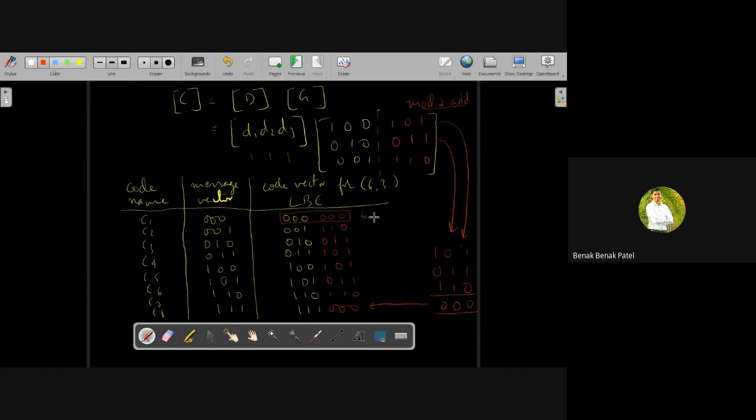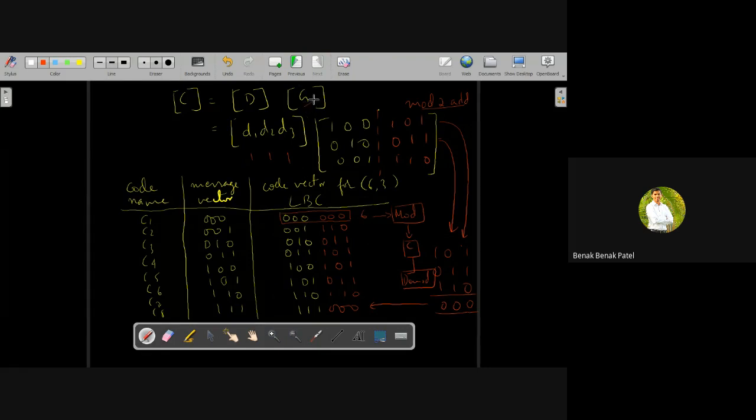This is what we'll be transmitting, going through the modulator stage, and from the modulator stage via the channel. Later the same thing will go through the demodulator end. So this is how it works. This is about linear block code and how we can generate code words from a generator matrix.